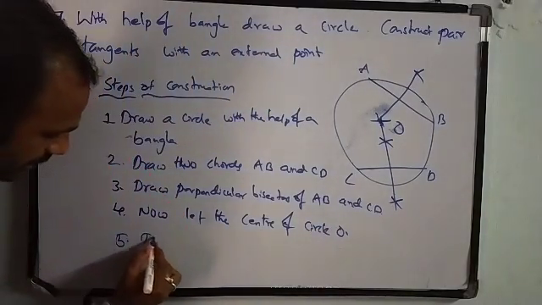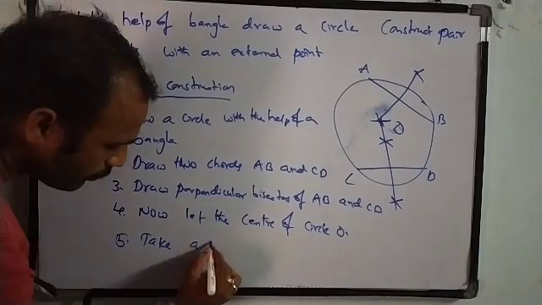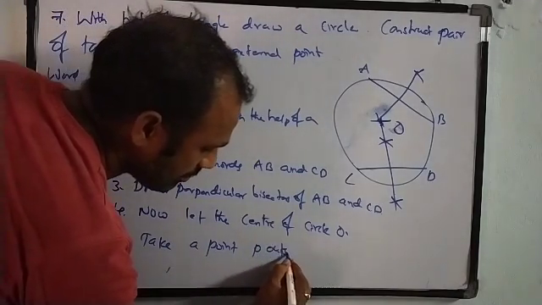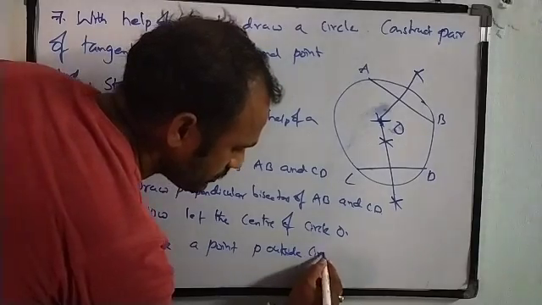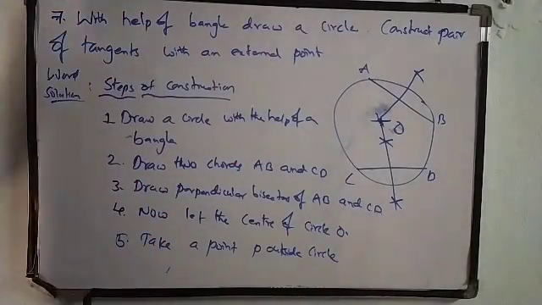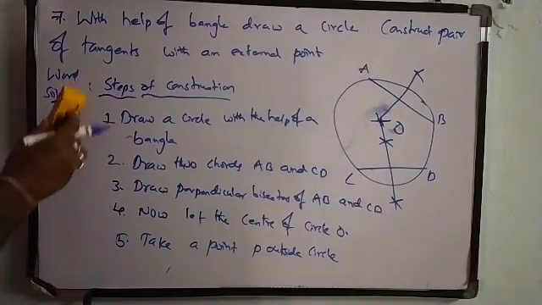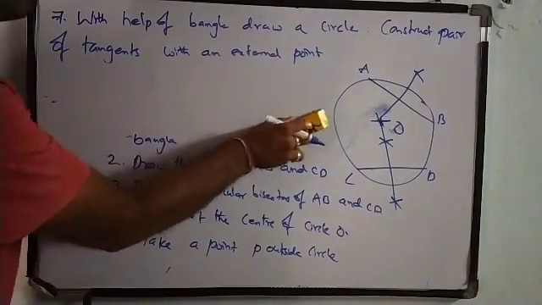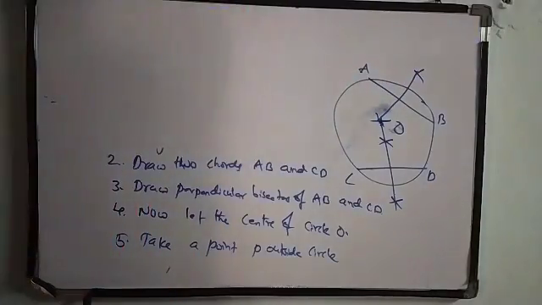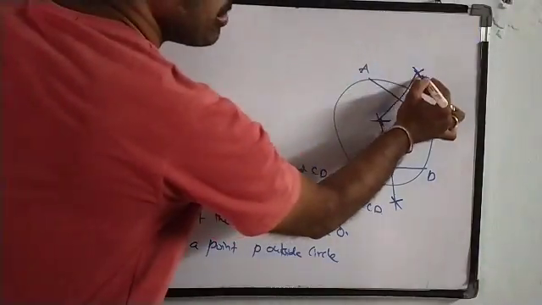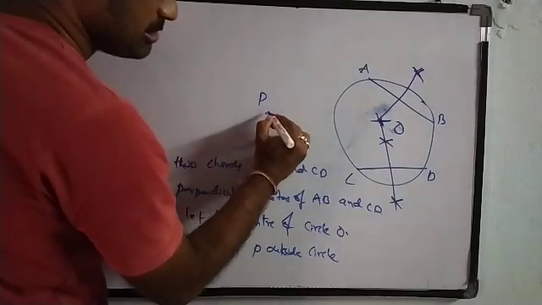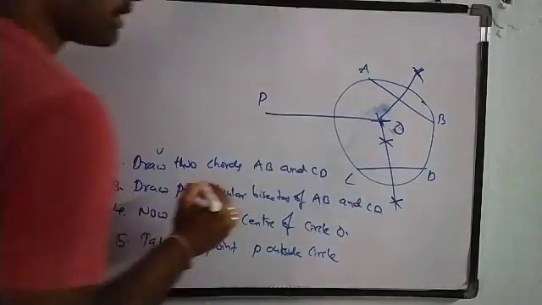Take a point P outside the circle. Clearly in the question no measurements are given, so we can take whatever length we want. We need to construct the pair of tangents. Let us take a point P here.